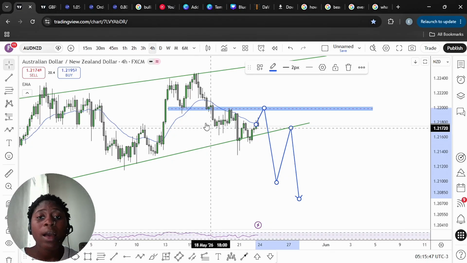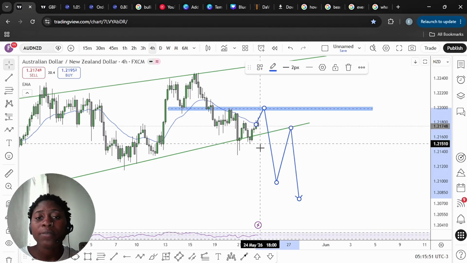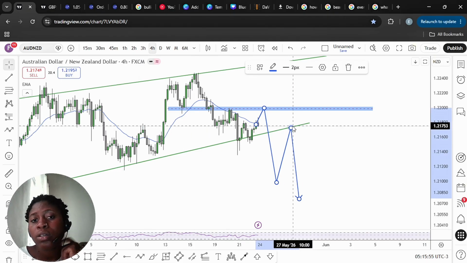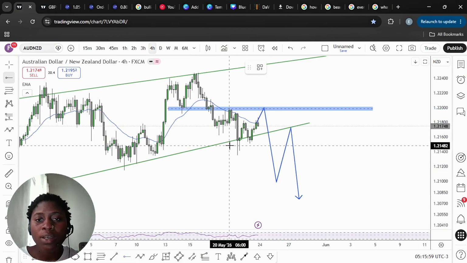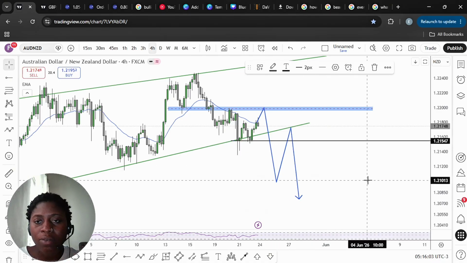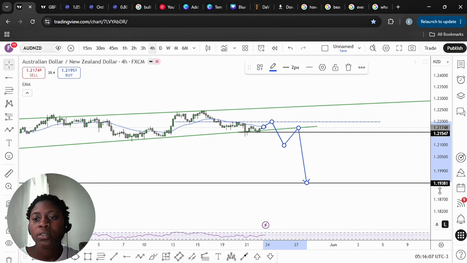For me, I want price to break that structure once again, then retest this trendline resistance, or retest somewhere around here. Then I'm gonna take the price from there all the way to this target.